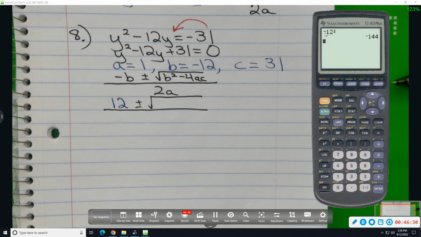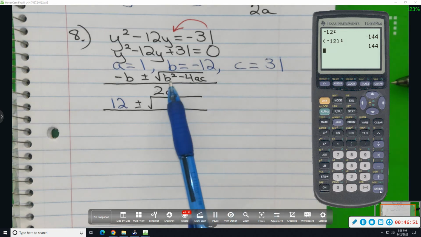But we know negative times negative is positive. In order to make it give me the right answer, I should have put the negative 12 in parentheses. So if you're using your calculator to square a negative number, make sure you put that number in parentheses. Now the negative is also being squared.